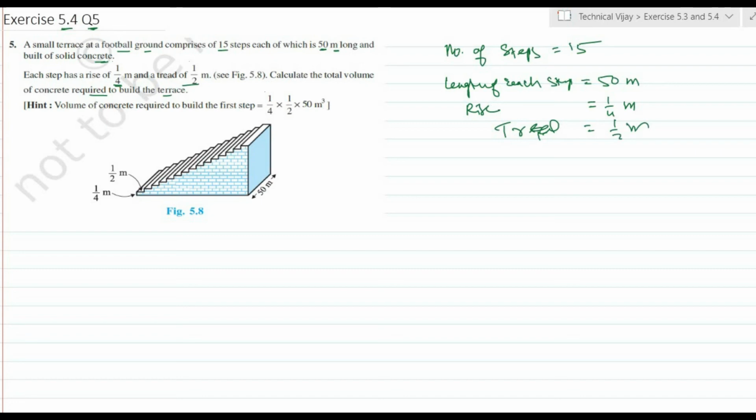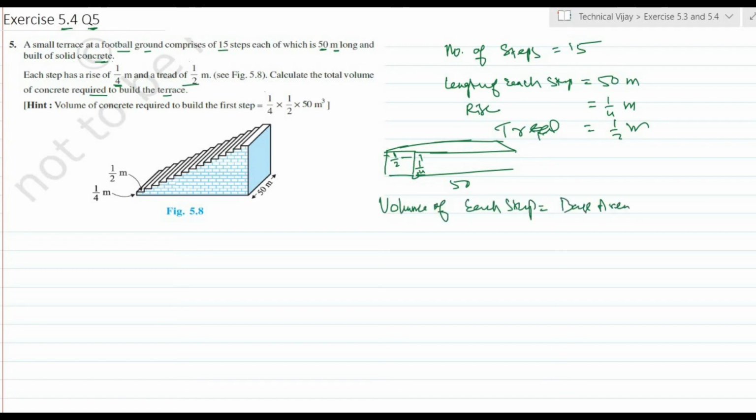Basically this is a cuboid, like this. This is one step: this is 50 meters, this rise is 1/4 meter, and this is 1/2 meter. The volume of each step is base area into height, that is length into breadth into height.